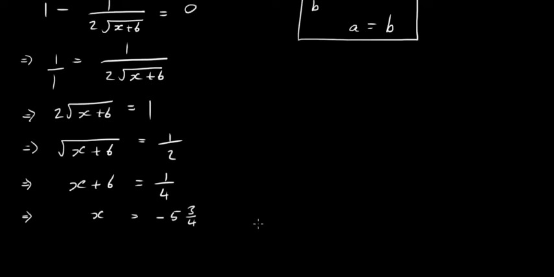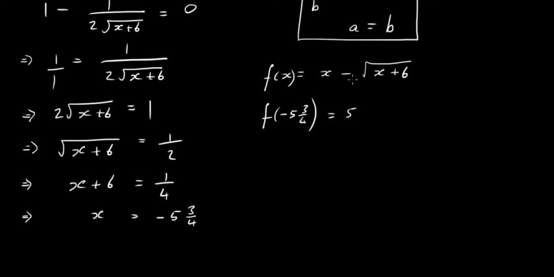So to work out our y value here, what you've got to do is put it into our original function. Now remember, our original function was f of x is equal to x minus the square root of x plus 6. So we want f of minus 5 3/4. So this is our x value here.